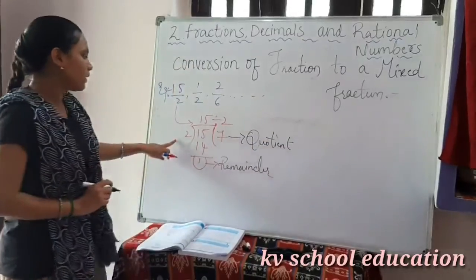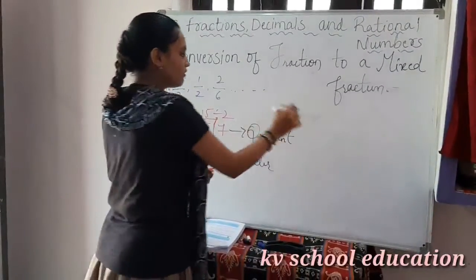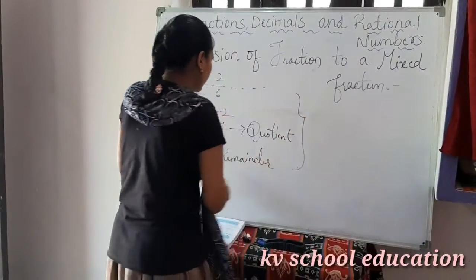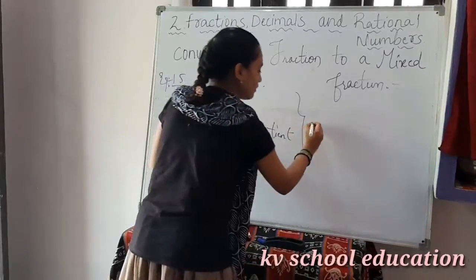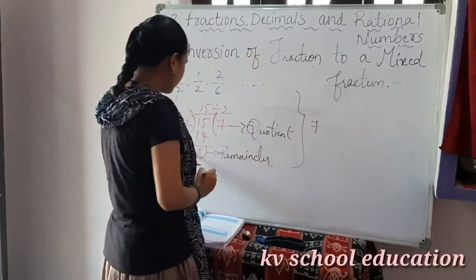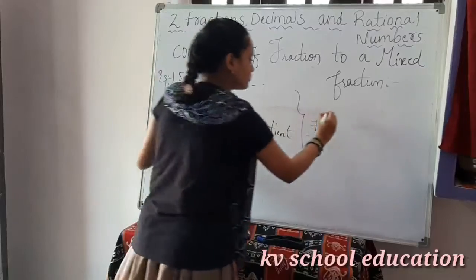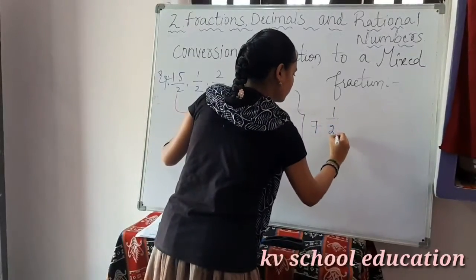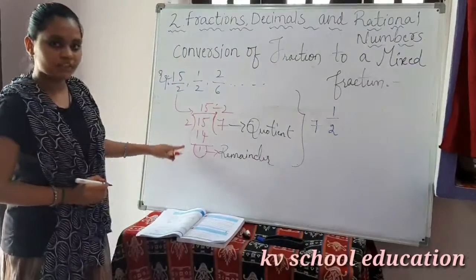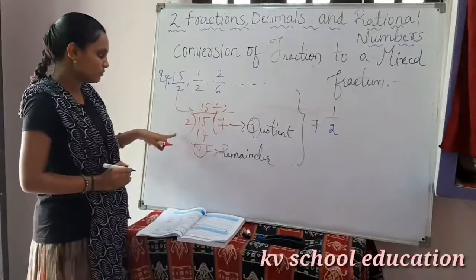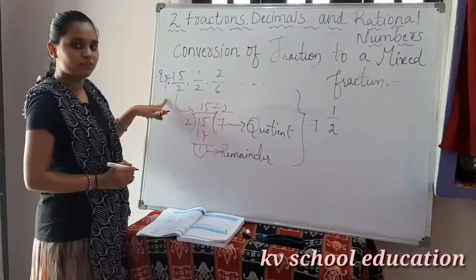So for a mixed fraction we should take the quotient as the whole number. 7 1 by 2. 7 1 by 2 is the mixed fraction of this 15 by 2 fraction.